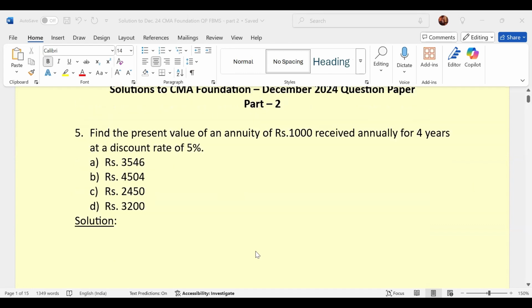Find the present value of an annuity of rupees 1000 received annually for 4 years at a discount rate of 5%.